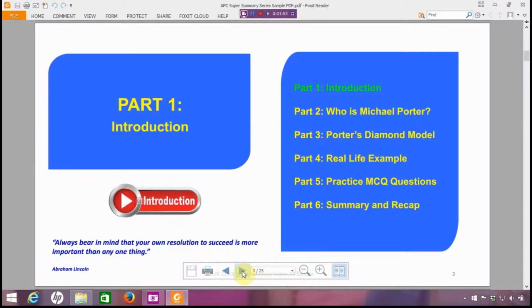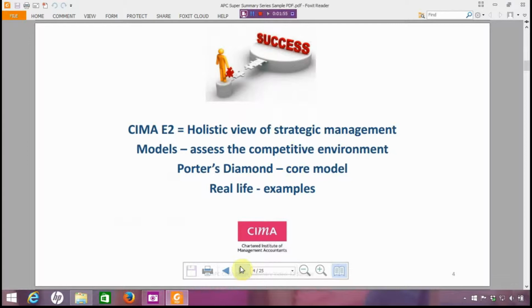So, in terms of this introduction, I guess the important thing for us to understand is that your CIMA E2 examiner is trying to test whether or not you understand what he means by gaining a holistic view of strategic management. What does that mean?